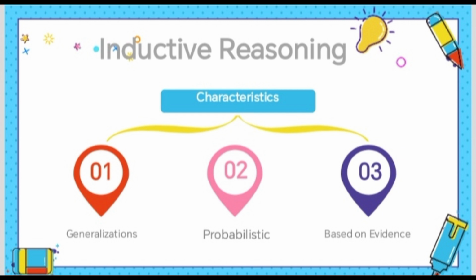In inductive reasoning, the conclusions are probabilistic rather than specific, as they are based on patterns and trends observed in the available evidence. So, in short, inductive reasoning uses specific pieces of evidence to draw conclusions that are probably but not necessarily true.